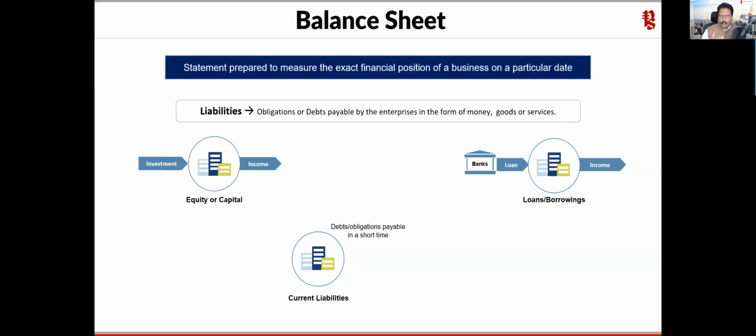Now I need to expand my business, so I approach the banker for an overdraft facility. Based on various investigation of my financial statements and the bank's other norms, they say okay, fine, we will give you an additional overdraft facility of 5 lakh rupees.